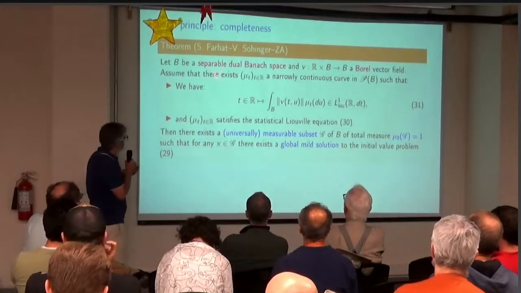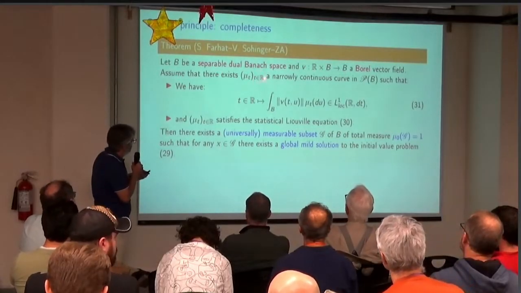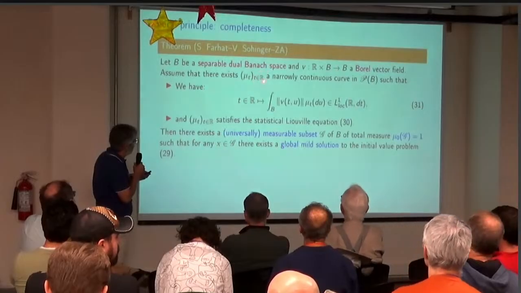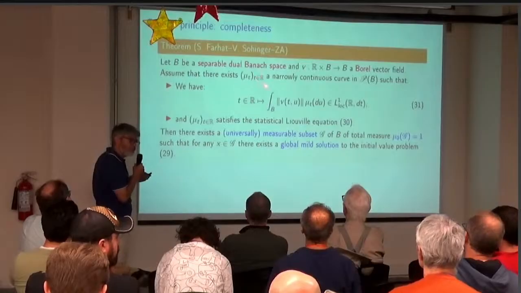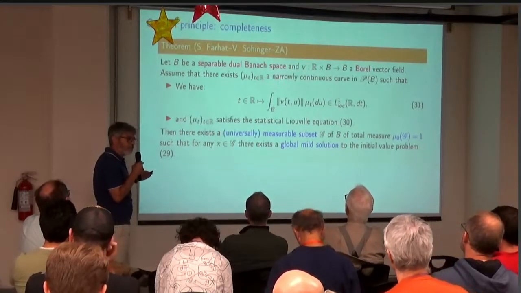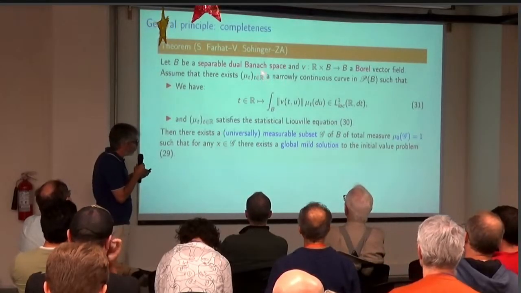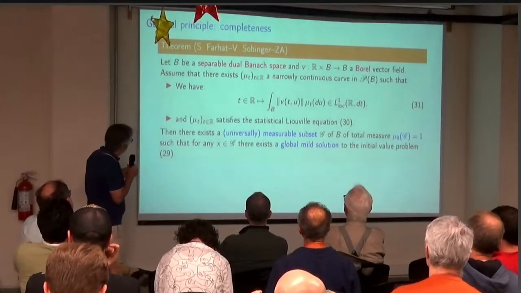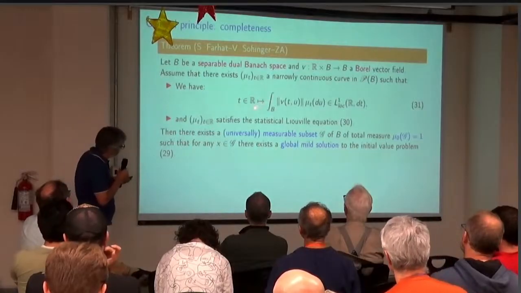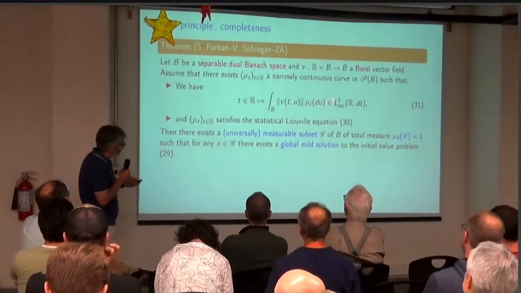You assume that there exists mu_t that is a solution for all times. It's not a local solution. This is really the key ingredient in some sense. Since this is a global-in-time solution of the Liouville equation, you then assume the integrability conditions that I talked about.